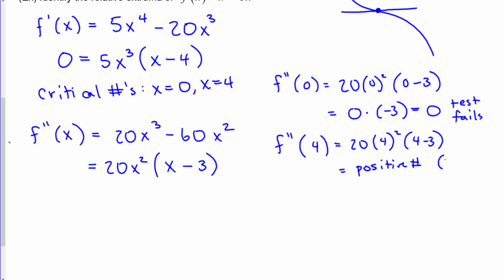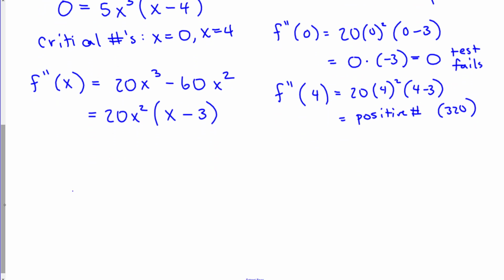Since the second derivative is positive, I'm on an interval that is concave up, so 4 has to be a relative minimum. So 0 and 4 are the points I'm interested in. I've already determined that 4 is a minimum. The second derivative test told me that just fine.